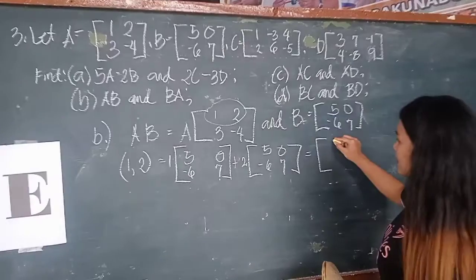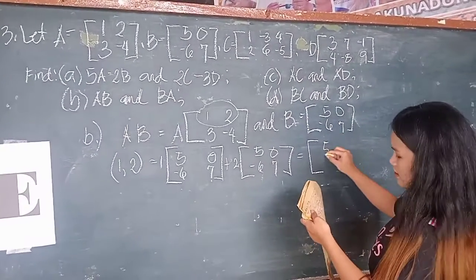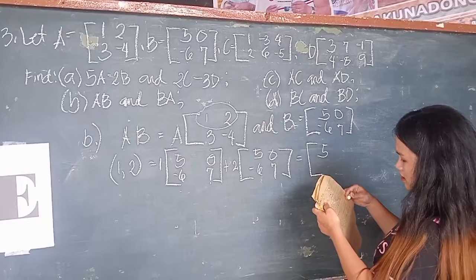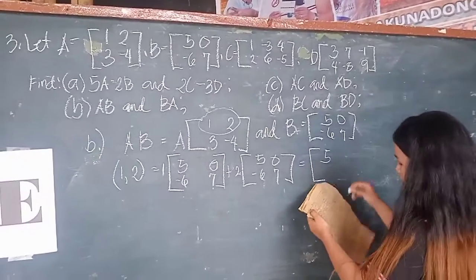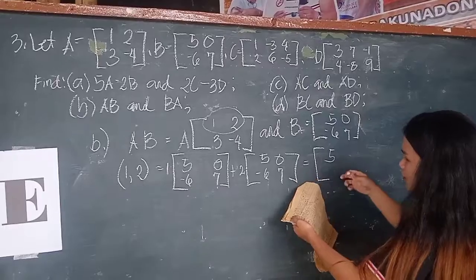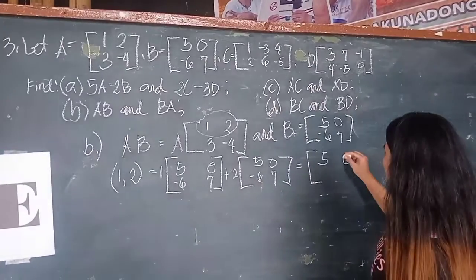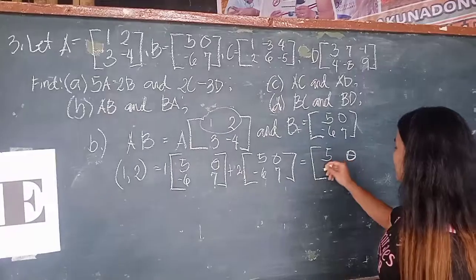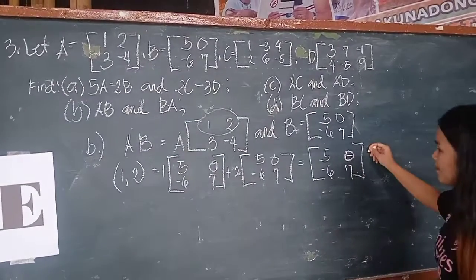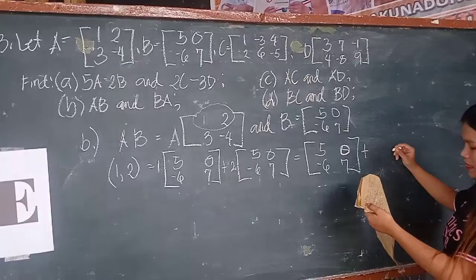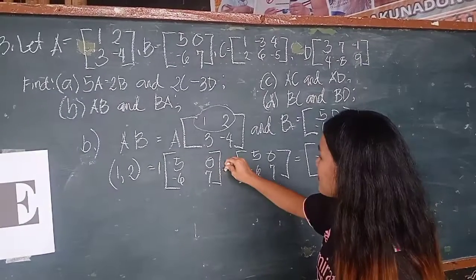It becomes 1 times 5 equals 5, then 0, negative 6, and 1 times negative 6 equals negative 6, and positive 7. By the way, it becomes multiplication.